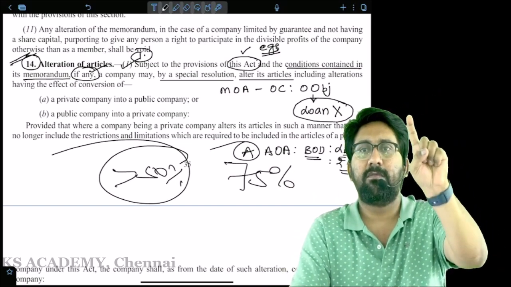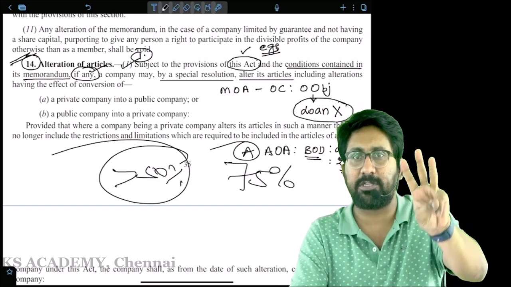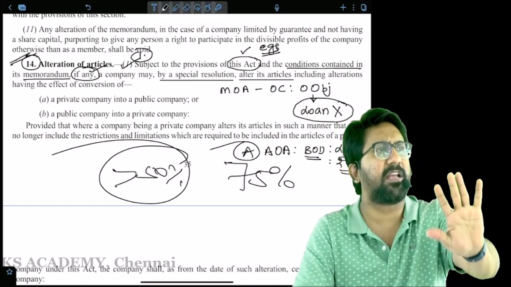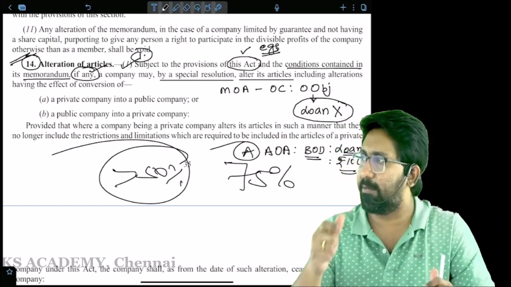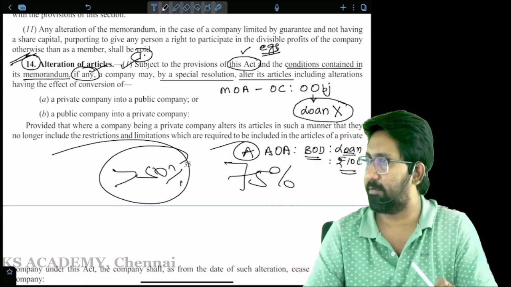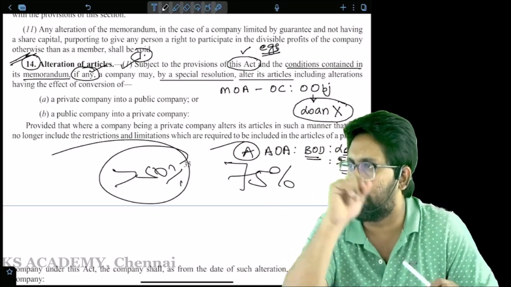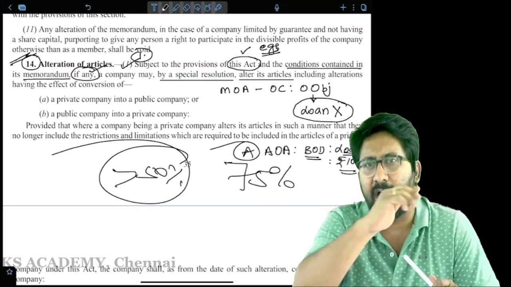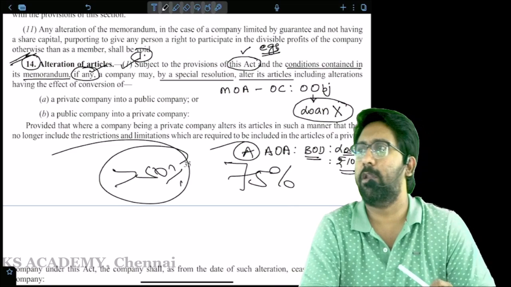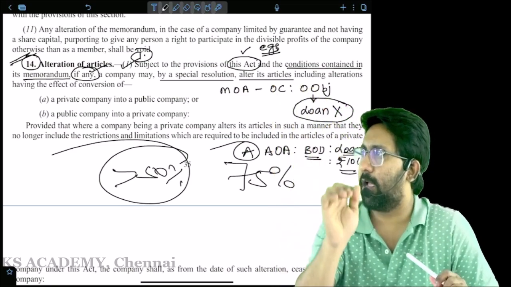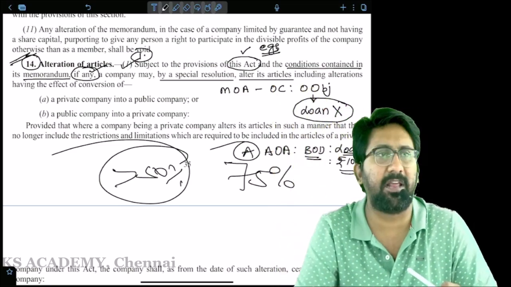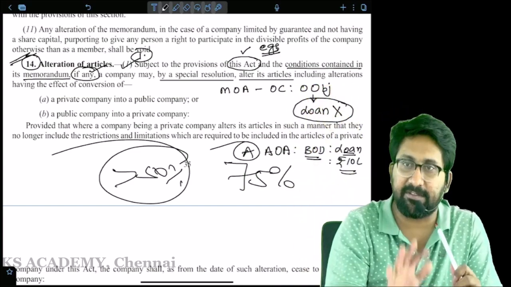Number 1, full adoption, partial adoption, nil adoption. Say I made full adoption of Table F. Now you should answer: if I make a full adoption of Table F as it is, I will copy and paste, or not?